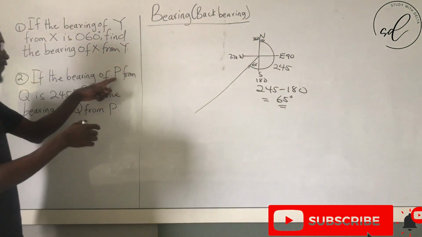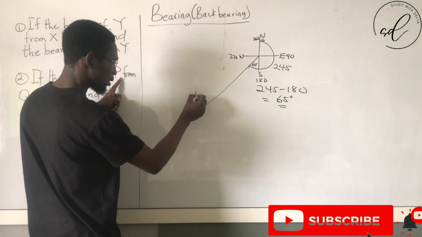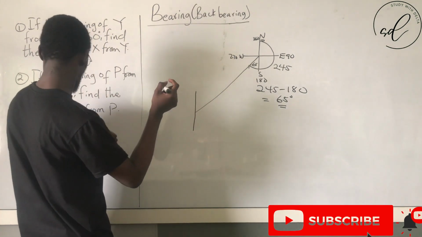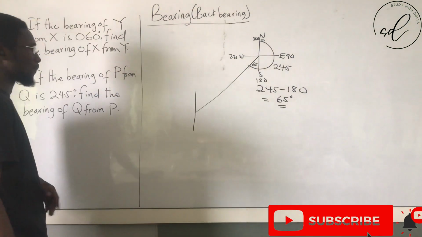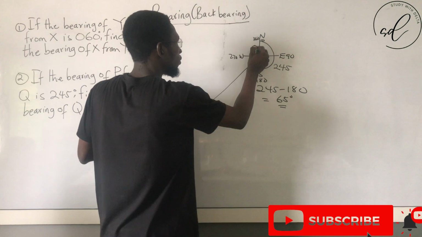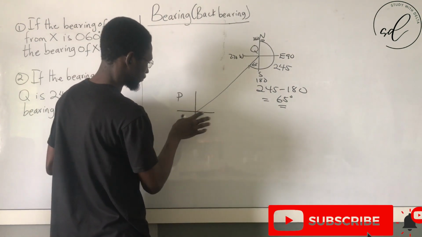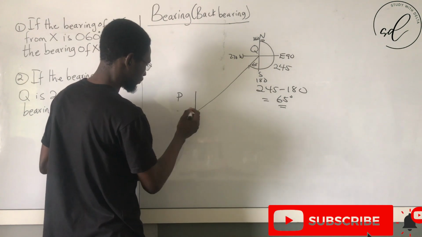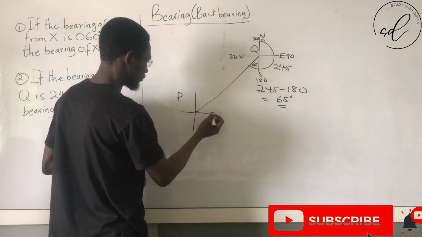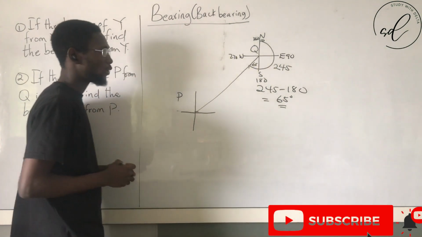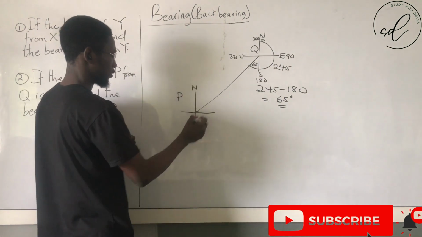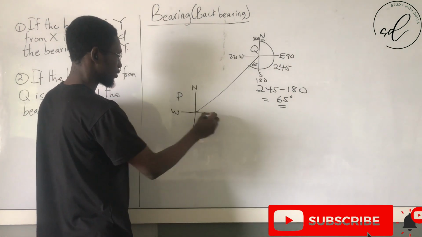So if the bearing of P, we want to know Q from P. So this is our Q, this is supposed to be our P. This is north, south, west, east.